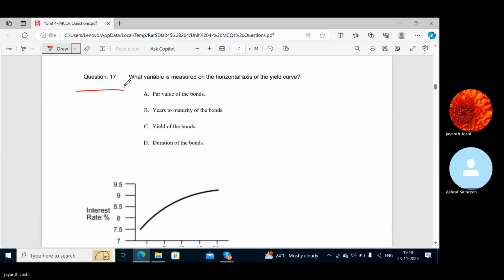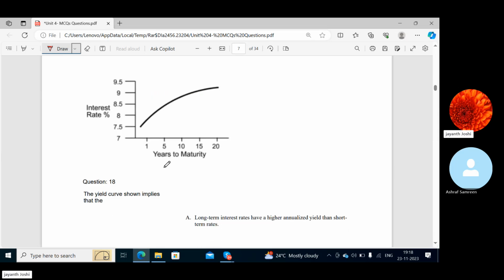What variable is measured on the horizontal axis of a yield curve? Very simple, we discussed this. It is years to maturity of bonds. Here you can see years to maturity and interest rates.